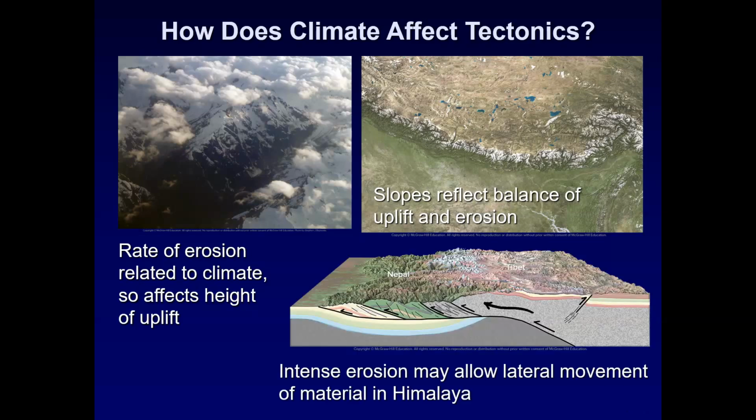You can have what's called an episode of imbalance. Solar heating on the Tibetan Plateau causes heated air to rise, drawing in monsoon moisture toward the mountains, causing intense rainfall. And then with that, intense erosion may allow lateral movement of material in the Himalayas, like along these faults. So movement along faults may cause a little bit of earthquake activity, and then changes to the structures here.